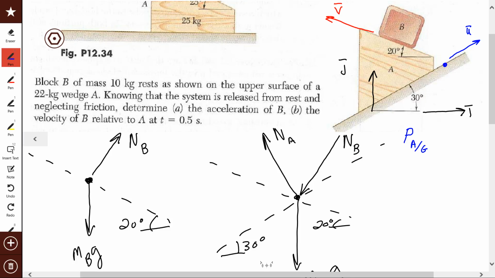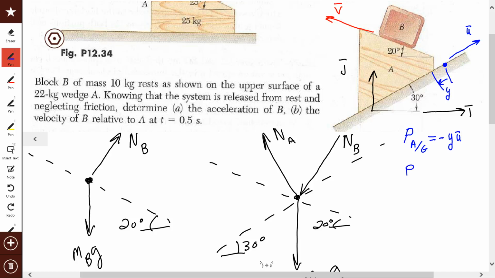It's painted on the ground, and I'm going to define the position right here as, we'll call that Y. So the position of A relative to the ground is going to equal a distance Y, and it's in the negative U direction. So that's the position of A relative to G.